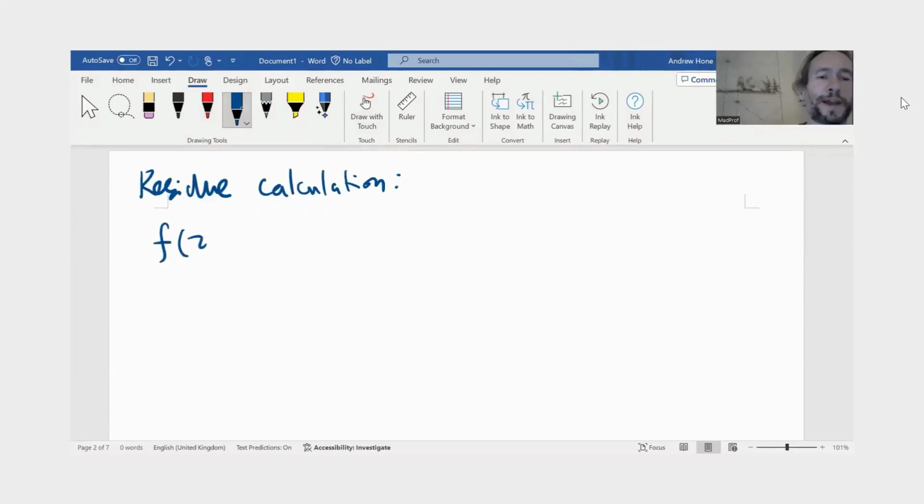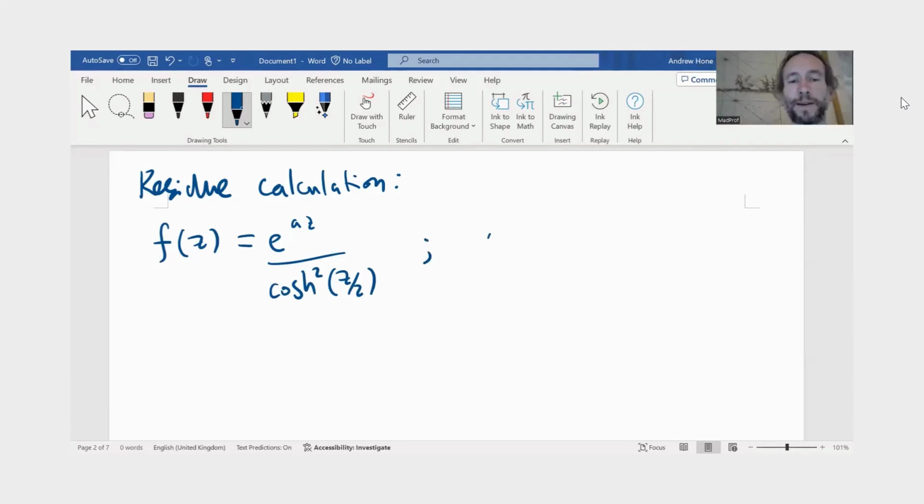We've got this function f of z, which is e to the az over cosh squared of z over 2. What we noticed is that cosh of plus or minus i pi on 2 is equal to 0.